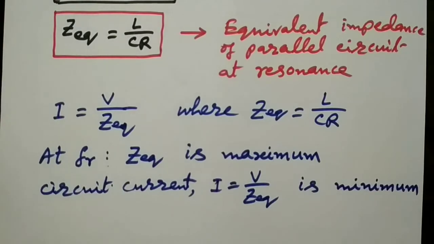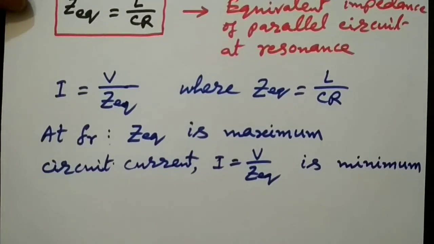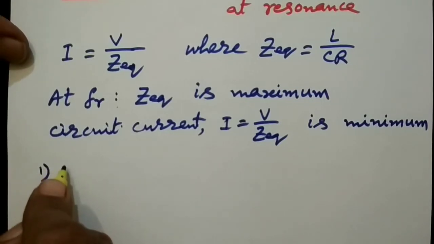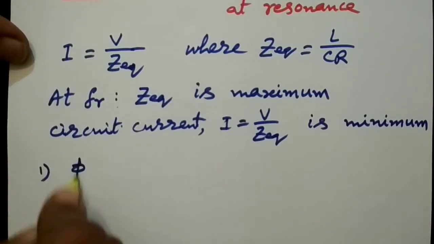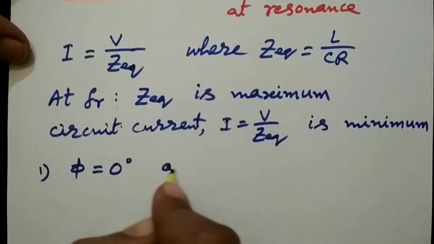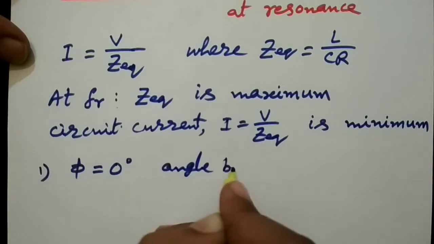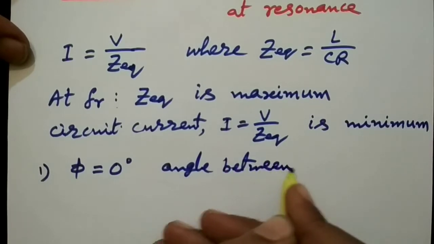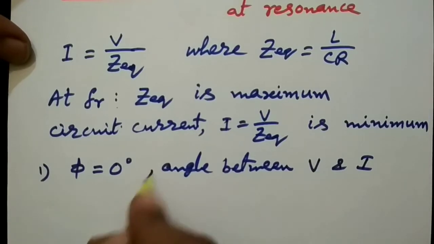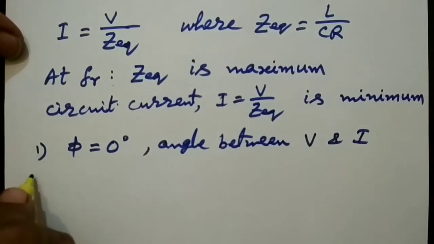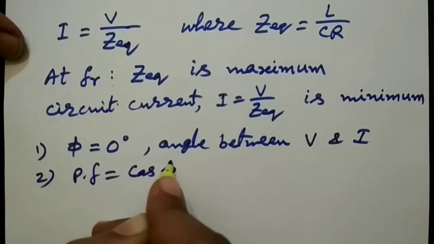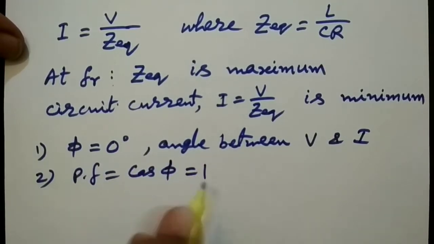So for a parallel circuit, if we indicate the main points, the first point is the phase angle is 0. That means the angle between supply voltage and circuit current is 0. So the power factor cos phi should be 1.